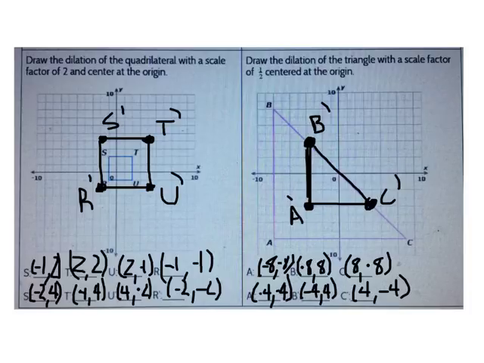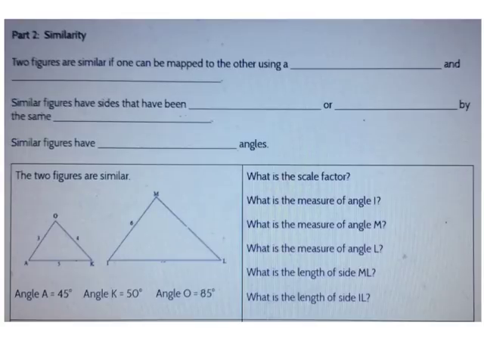Tomorrow, you may be asked to draw the dilation of a figure. We also talked about similarity. Two figures are similar if one can be mapped to the other using a dilation and other rigid transformations.